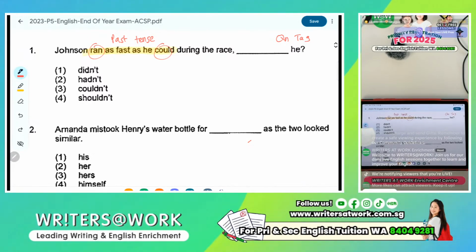Now, let's take a look at my options. We have didn't, hadn't, couldn't, and shouldn't. Couldn't or could is to show uncertain possibilities. Shouldn't is used to show obligation.